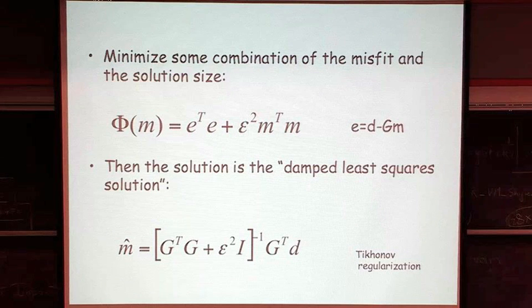You minimize this functional, and if you compute the partial derivatives with respect to each model parameter, you find this solution, which is called the damped least squares solution, which is like the least squares solution, but now you've added this parameter epsilon squared to the diagonal. So you've modified your matrix in a way that will make it invertible.